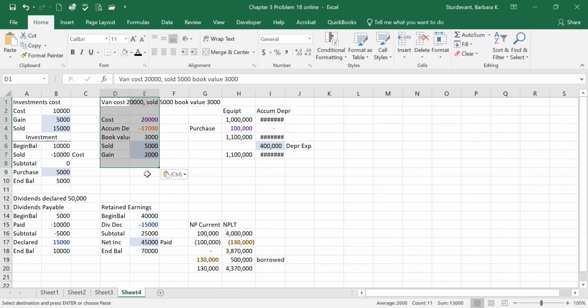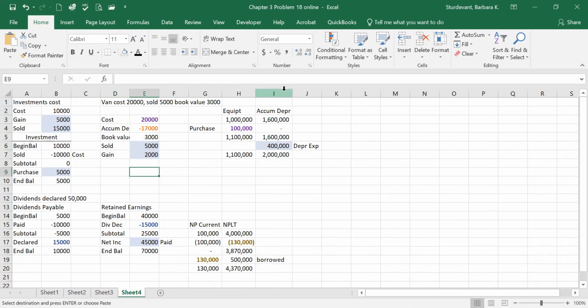Well, how convenient is that? All right, so it's the exact same thing. Cost 20, sold for 5, had a book value of 3. So we have to work backwards to get our depreciation. So it gives us a gain of 2.